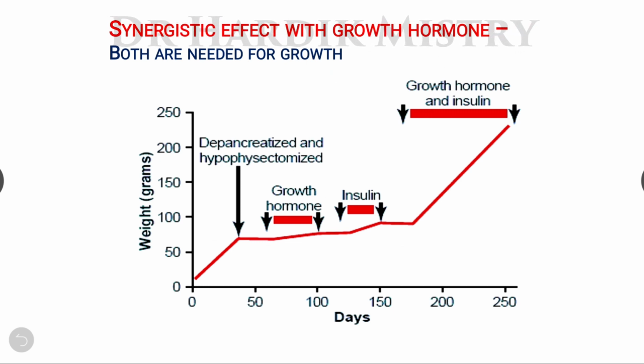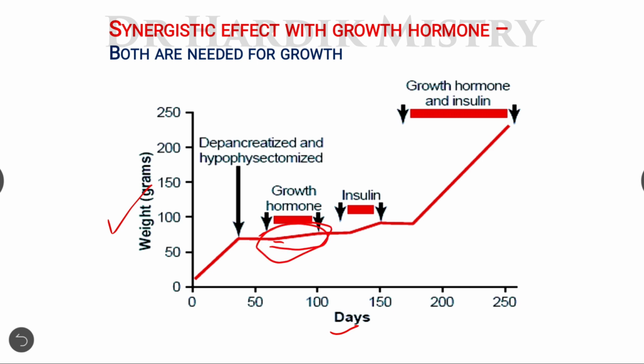Now the synergistic effect with growth hormone: both are needed for growth. For example, this is the weight, and here it is the days. When growth hormone alone has an effect on the person, the weight does not increase that much, as you are seeing, up to 5 to 10 kg.